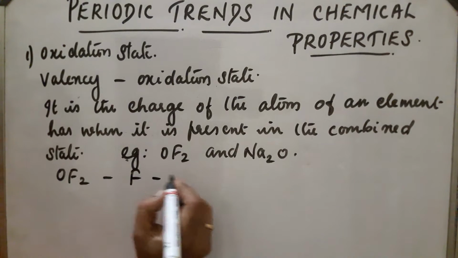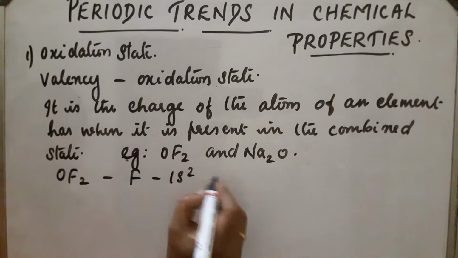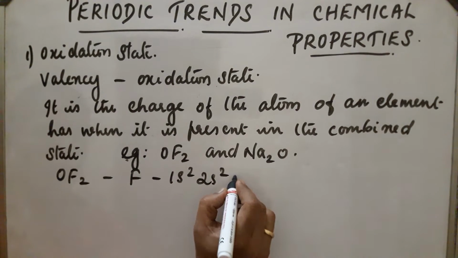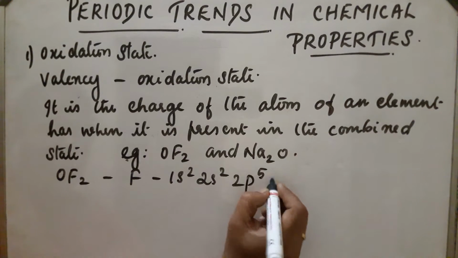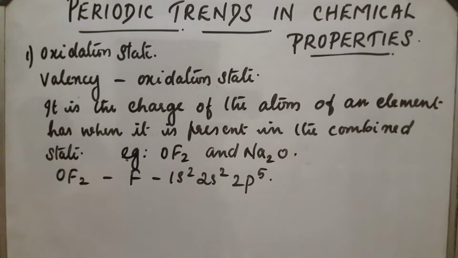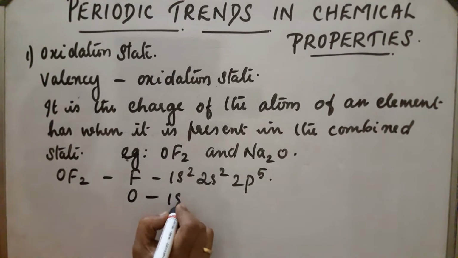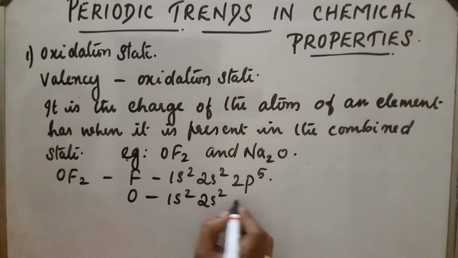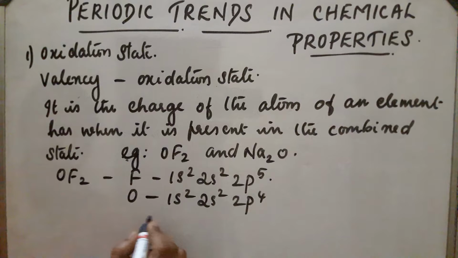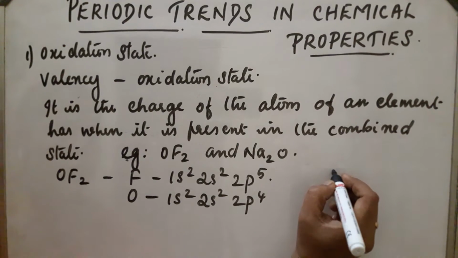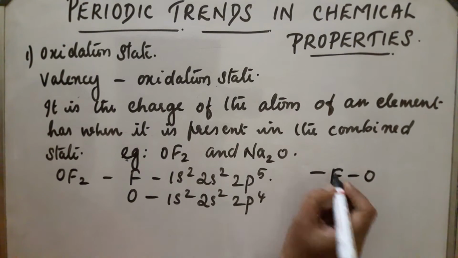F has the electronic configuration 1s2, 2s2, 2p5, so it requires one more electron to complete its octet. Next, oxygen is 1s2, 2s2, 2p4, so this atom requires two more electrons to complete its octet. So the compound will be like this.